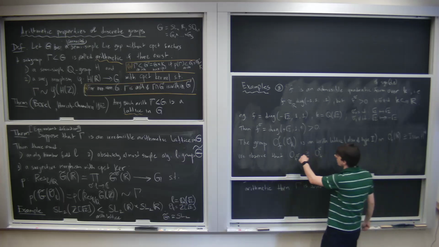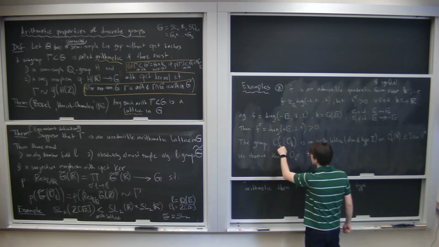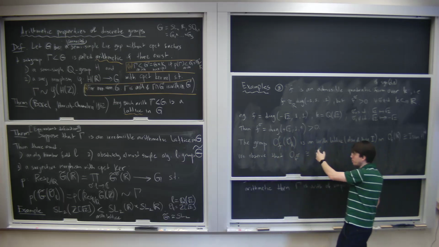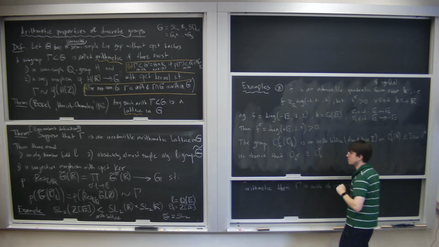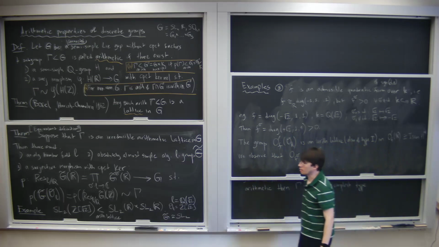Applying the Galois automorphisms to the coefficients of this quadratic form is the same as applying sigma to all the polynomials defining the orthogonal group.